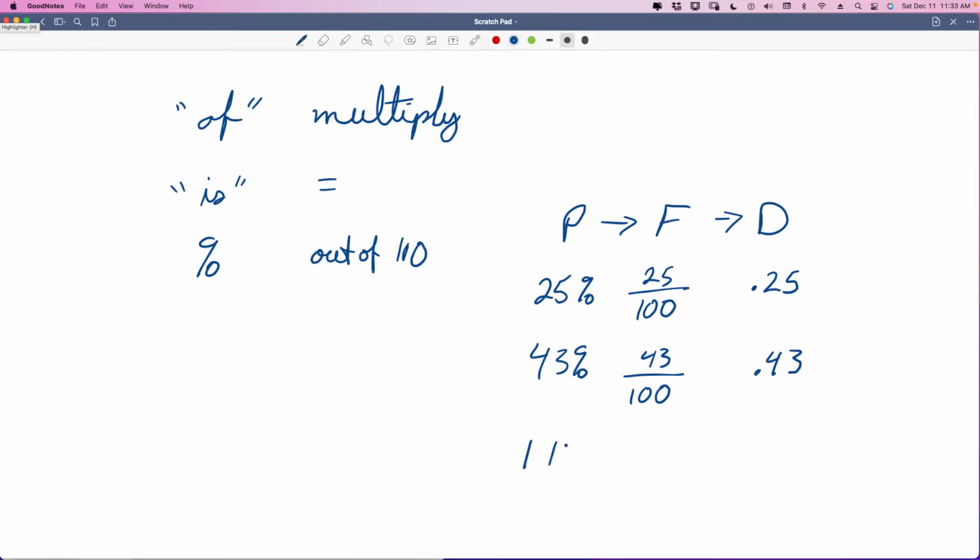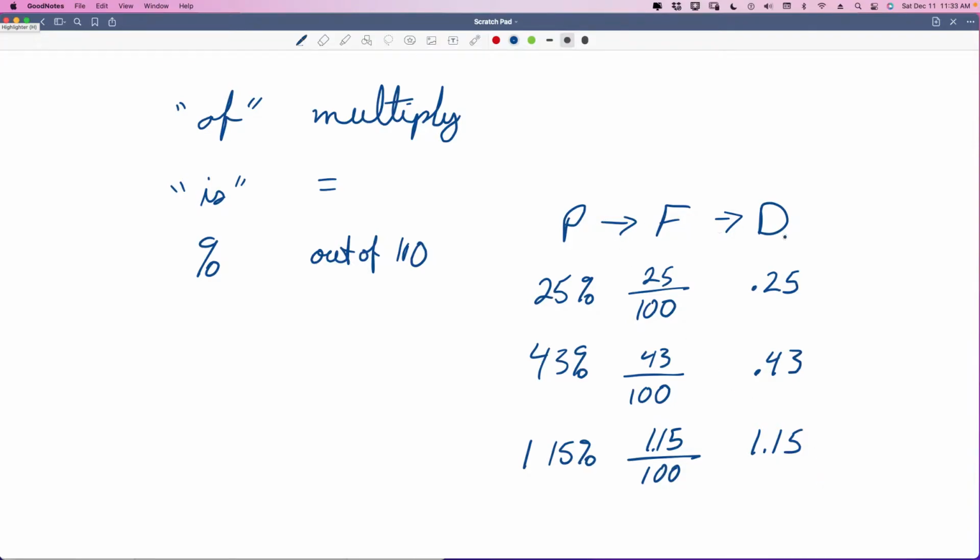Let's say we had 115%. That'd be 115 divided by 100, which would be 1.15. Easy peasy. If you have two zeros here, then you have two decimal places here, and you put that decimal right there. That is how it works.